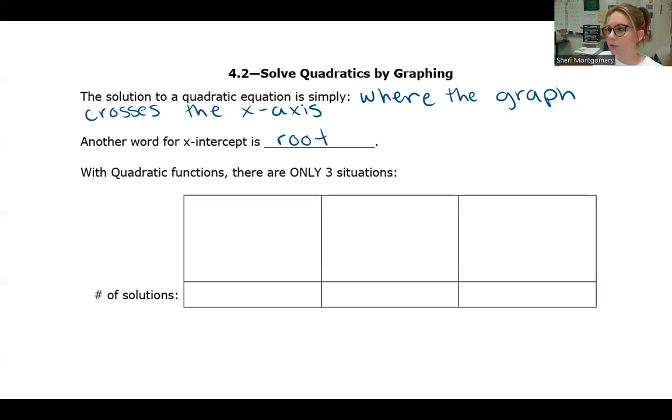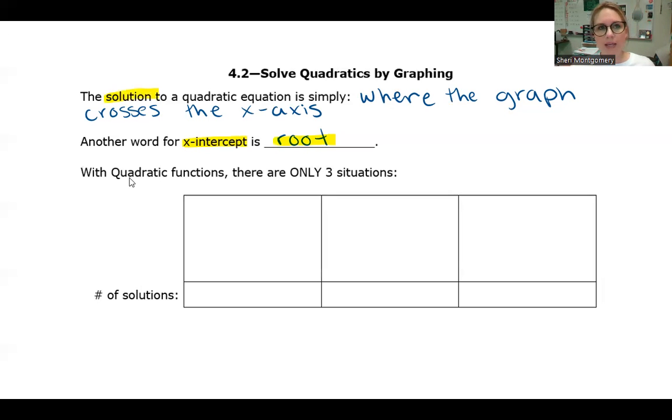So we actually have 3 different words that describe the same exact thing, and you're going to see them all 3 ways. We need to know that it's all the same. So when you see solution, x-intercept, or root, those are all the same thing. We are just looking for where your graph crosses the x-axis. That's it.